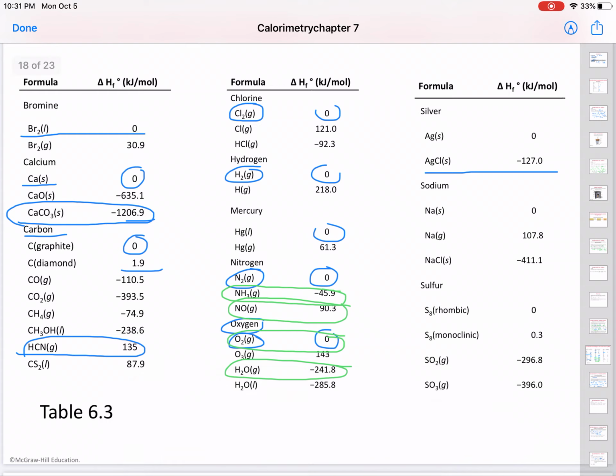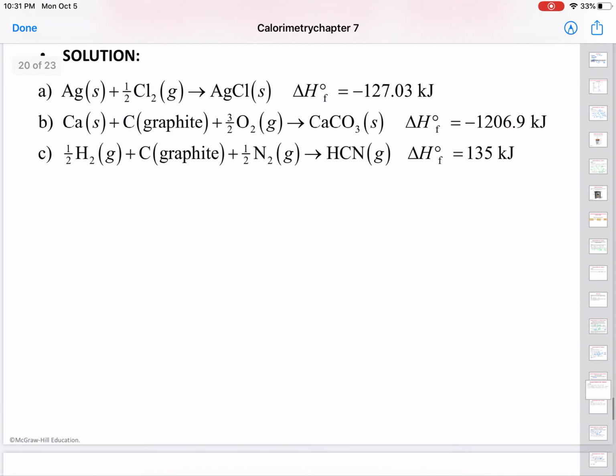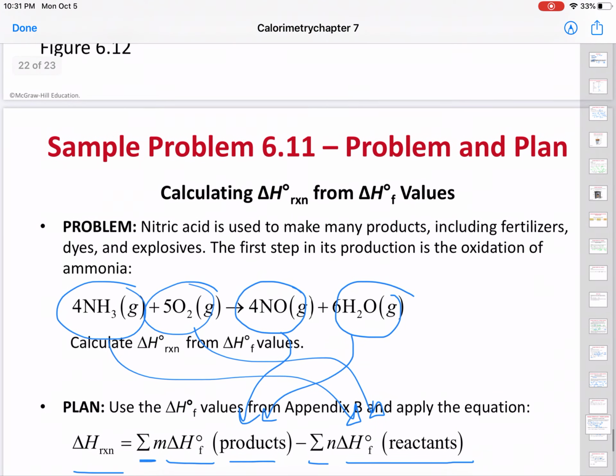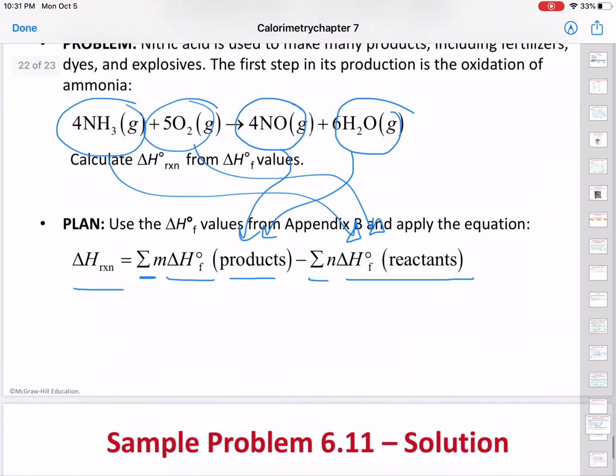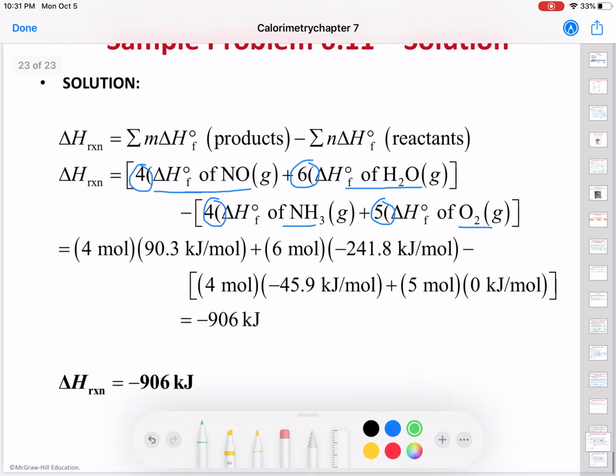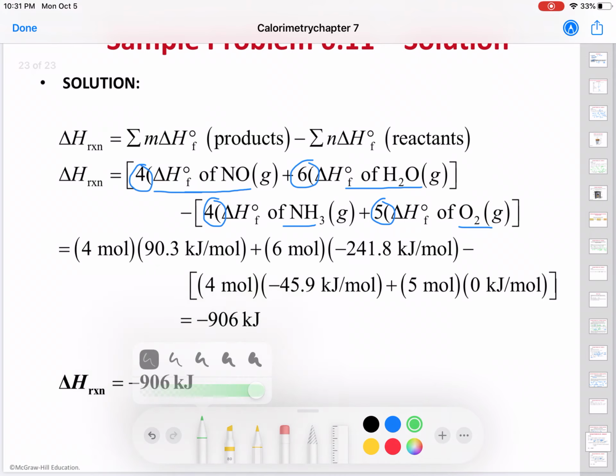So you take those values and plug in those numbers over here. 4 moles times the nitrogen monoxide enthalpy 90.3, and then 6 moles times the value for water gas, which is a negative number, so you have to put that number as well.